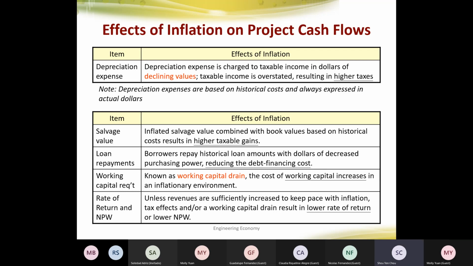Given that we have inflation, a lot of the cash flows during our analysis do not reflect the true value of those amounts. Those numbers that you see do not reflect the true value because of the influence of inflation. Okay, you can go through them. I think they can be understood relatively easily. Okay, next.